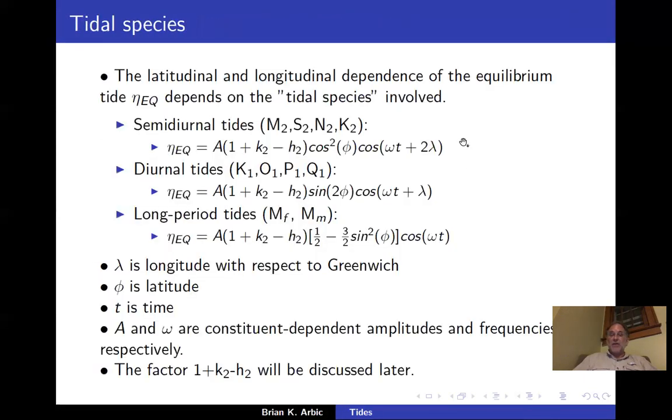If you do that, you get the spherical harmonics Y22, which is the semidiurnal tides, Y21, the diurnal tides, and Y20, the long period tides. That's the more sophisticated way of understanding the tidal potential. If you don't really know what I'm talking about, it doesn't matter that much. It's just an aside for those with more math background.